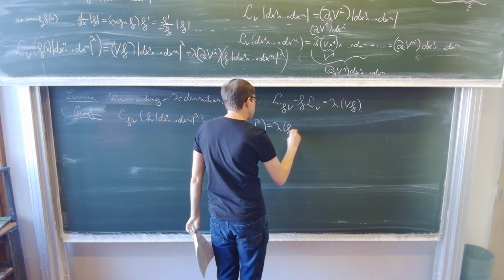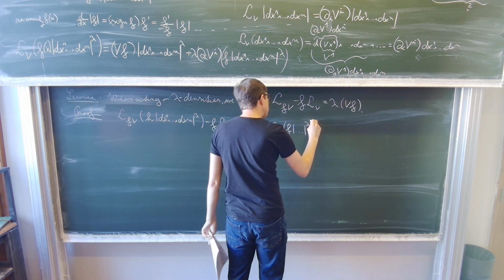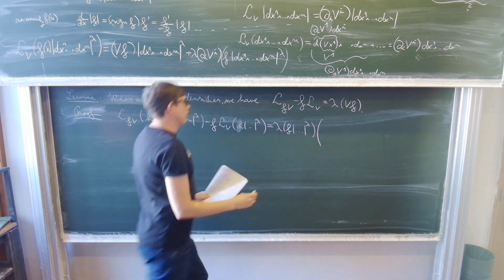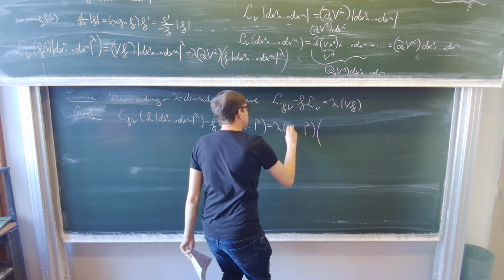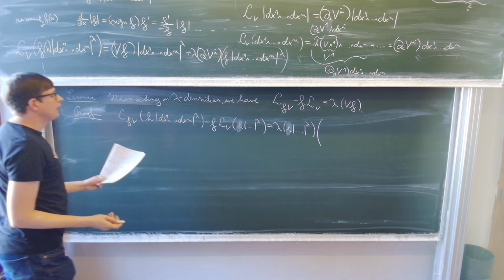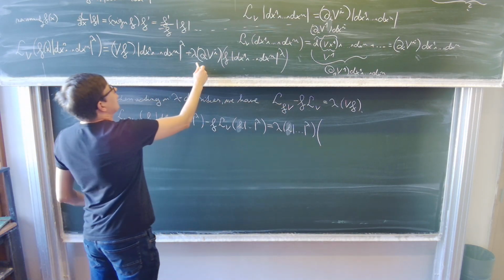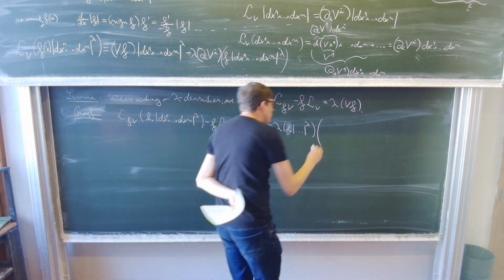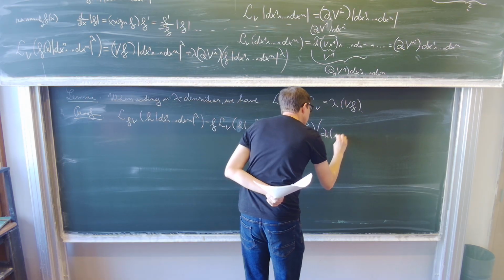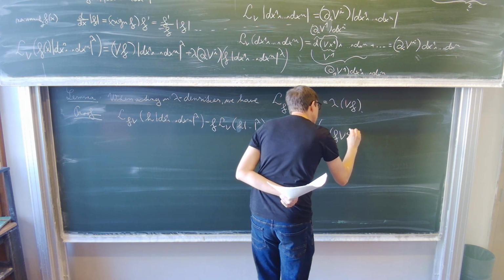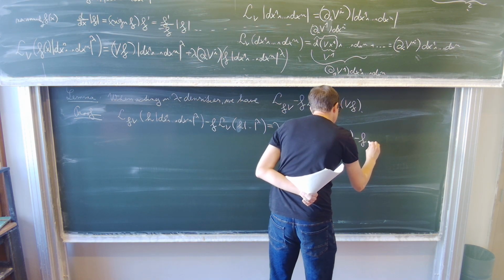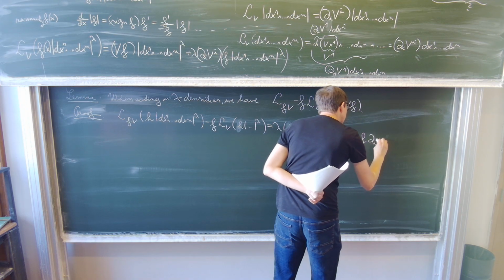So I have f times double lambda h. But I need to look here. In one instance, I have this thing, and in the other case, I have this thing.